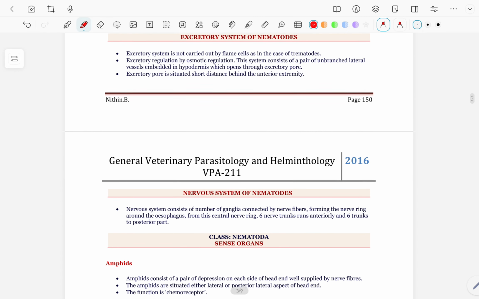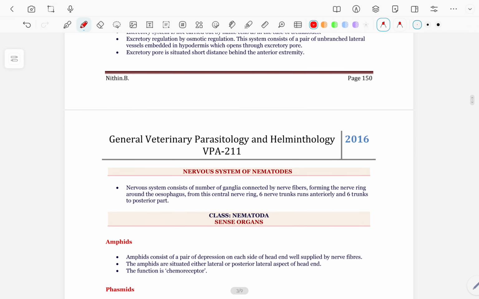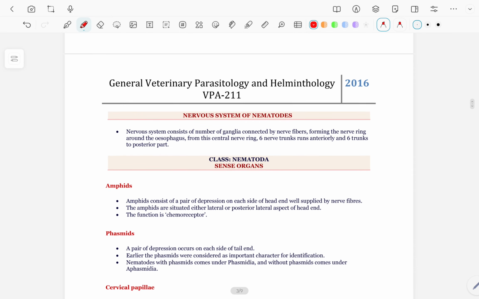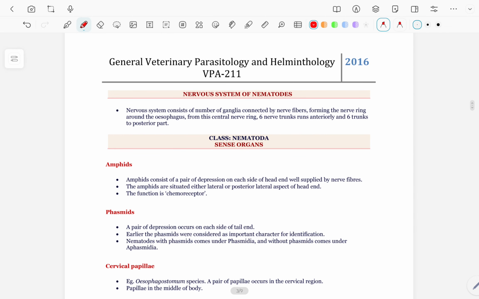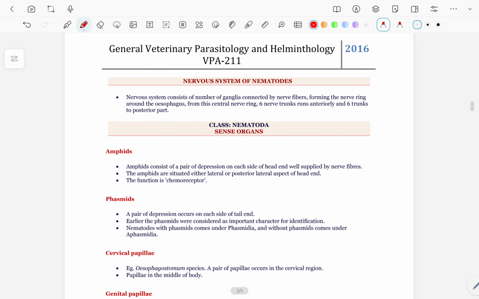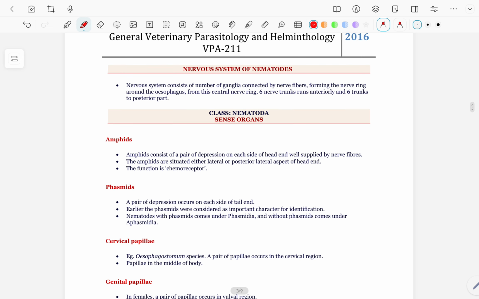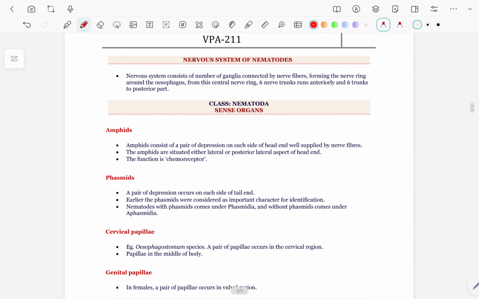The excretory pore is situated a short distance behind the anterior extremity. Nervous system of nematodes. The nervous system consists of a number of ganglia connected by nerve fibers, forming the nerve ring around the esophagus, the central nerve ring. Six nerve trunks run anteriorly and six to the posterior part.